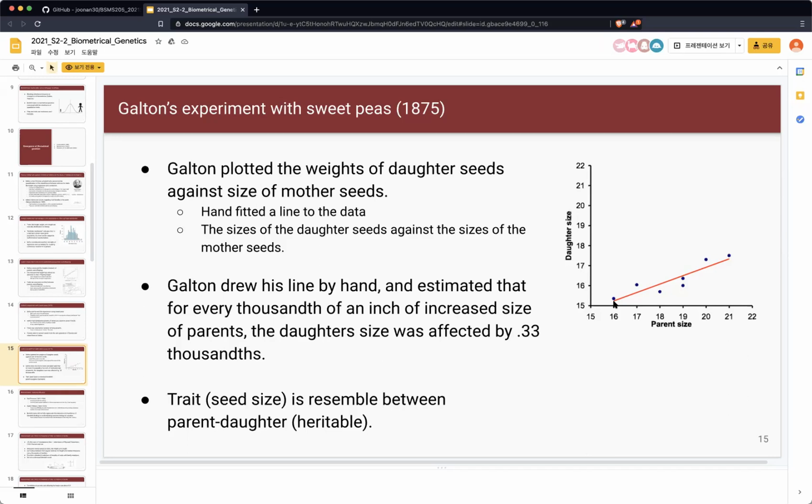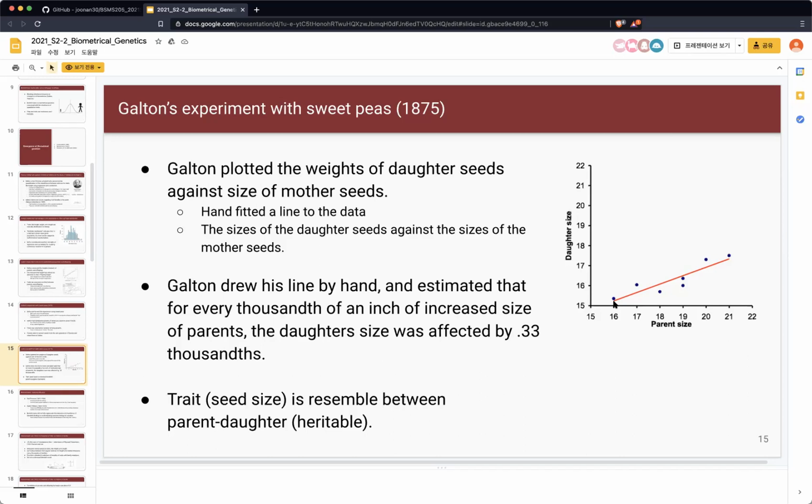That is the same idea as Darwin proposed in his natural selection model, and also blending inheritance, right? Because Darwin also observed that the traits are variable across the individuals in a population.